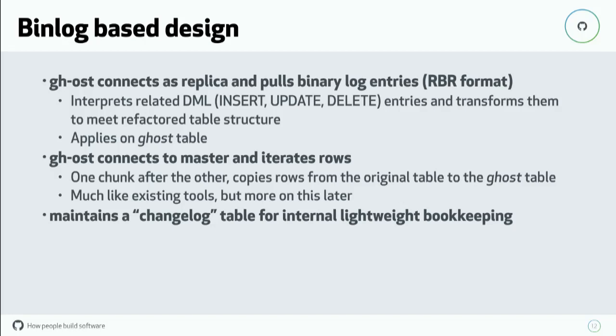So Ghost takes advantage of that. Ghost connects as a replica to a server. We'll come back to that. And it looks for every insert, update, delete that you do, and then it transforms them to meet the new structure of your table, and it applies them to the ghost table, right?